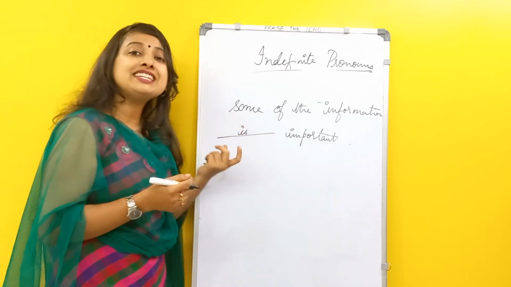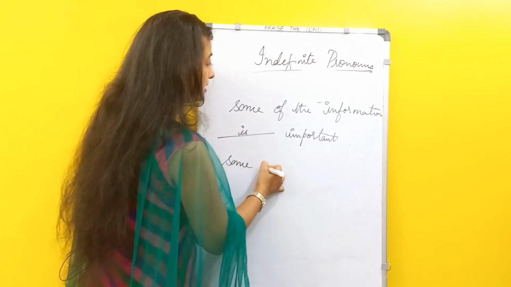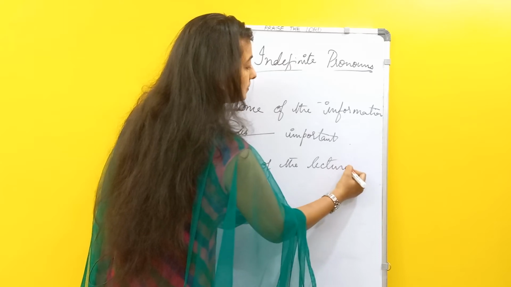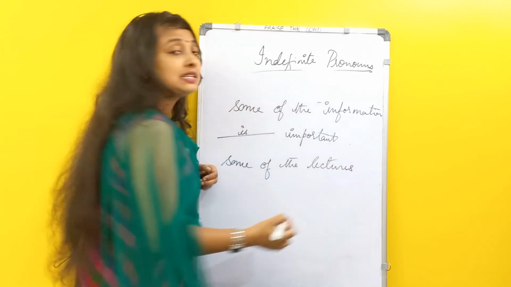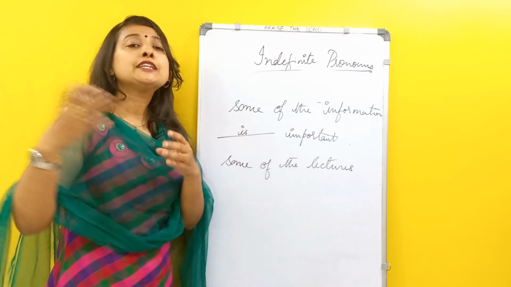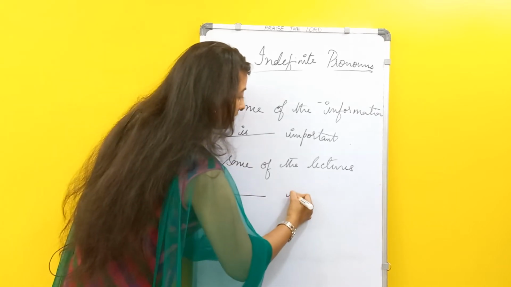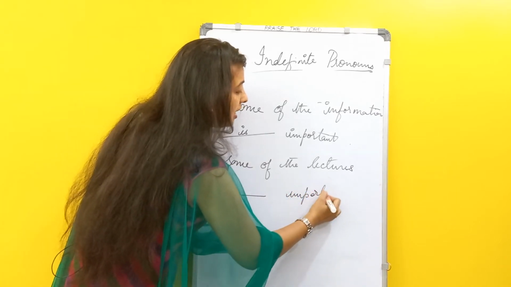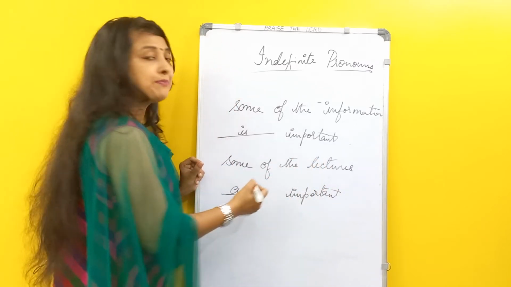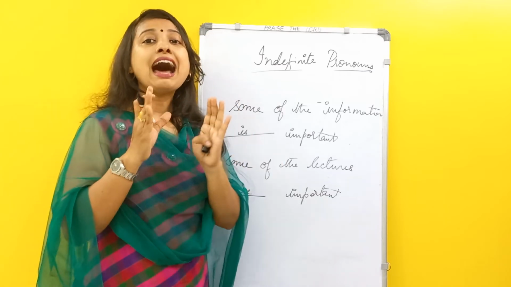Some of the information is important. But when we want to say it in plural, some of the lectures. Lectures here means various speeches being given, various classes being taken. Dash important. So, some of the lectures are important. You can't say some of the lectures is important.